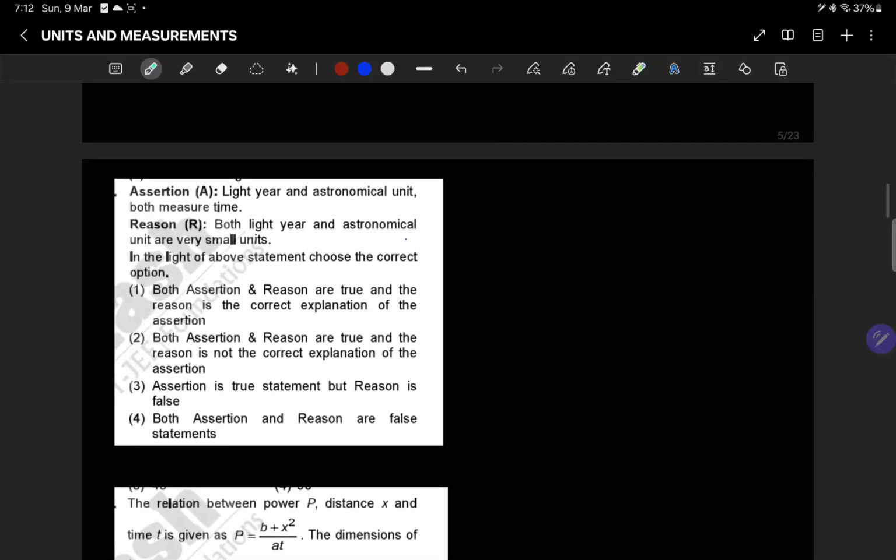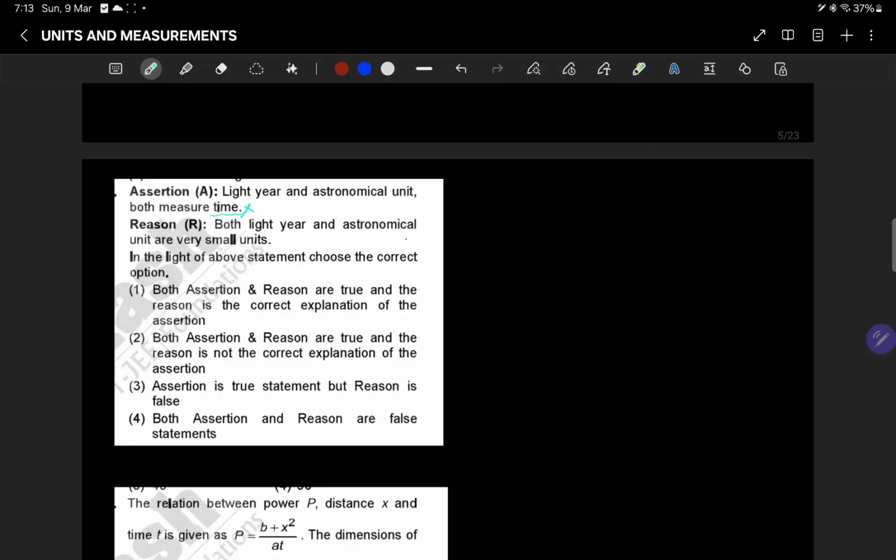Yes, students. Now an assertion reason question. Light year and astronomical unit both measure time. Wrong, students. Both measure distance. Light year is the distance light travels in 1 year. Astronomical unit is the distance between earth and sun. So it is also distance only. Time is wrong. Both light year and astronomical unit are very small units.